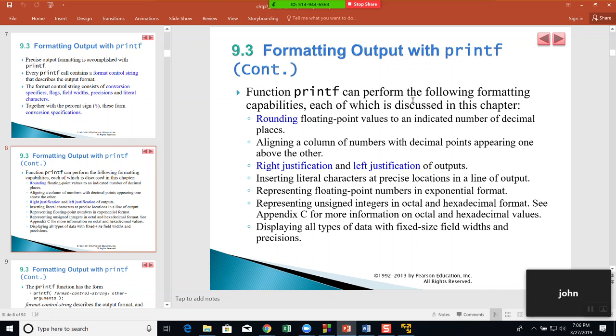Function printf can perform the following formatting capabilities. You can round, line up the numbers in columns with decimal points appearing one above the other, right justification, left justification, insert literal characters at precise locations in a line of output, represent floating point numbers in exponential format, represent unsigned integers in octal and hex format, and display all types of data with fixed-size field widths and precisions.